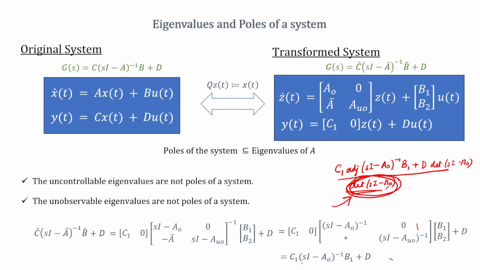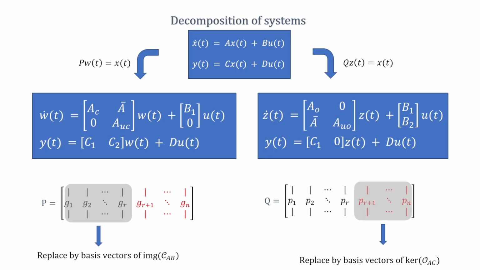So two things we have come up with. We know that the uncontrollable eigenvalues will never be poles and the unobservable eigenvalues will never be poles. So we have seen these two types of decomposition. In one of the decompositions, we use the P matrix in such a way that the first r vectors are basis vectors of image of CAB, and in another transformation we are using the last n minus r vectors as basis of kernel of OAC.